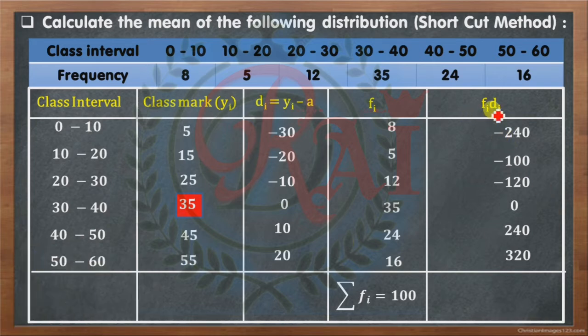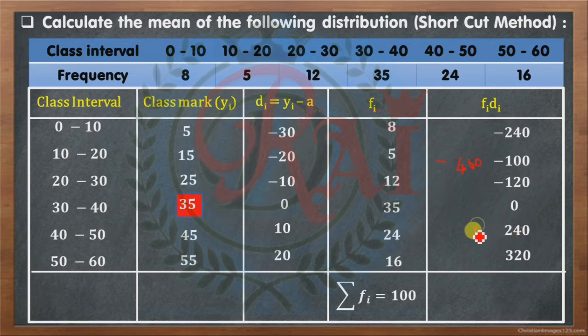of fi di. First we'll add this negative value. 0, 0, 0 is a 0. 4 plus 2 is 6. 2, 3, 4, so it's 460 minus 460.